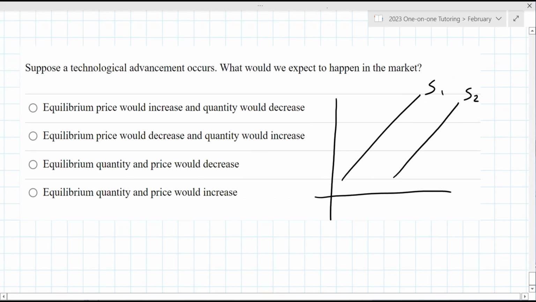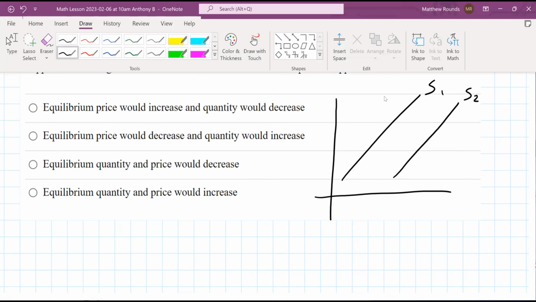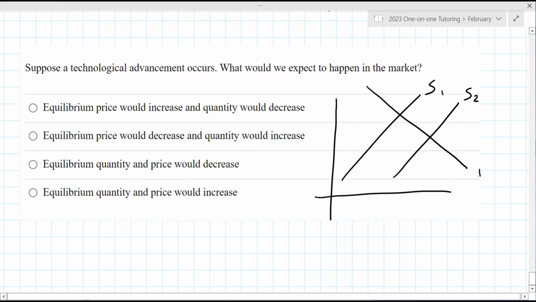Your demand, though, may remain unchanged. So here's what we know for sure: quantity went from, let's say, 10 to 20. We know that quantity got pushed out for sure. But what we don't know is what happens to price.